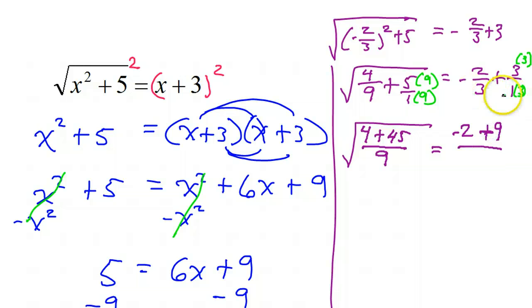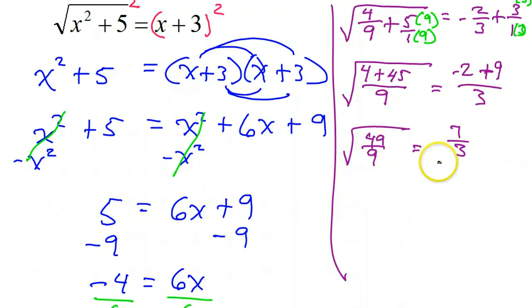And we've got this common denominator of 3 now. This is an ugly problem to check anyway. So this is 45 plus 4, so that is 49 over 9. And this is equal to negative 2 plus 9, so that is 7 over 3.